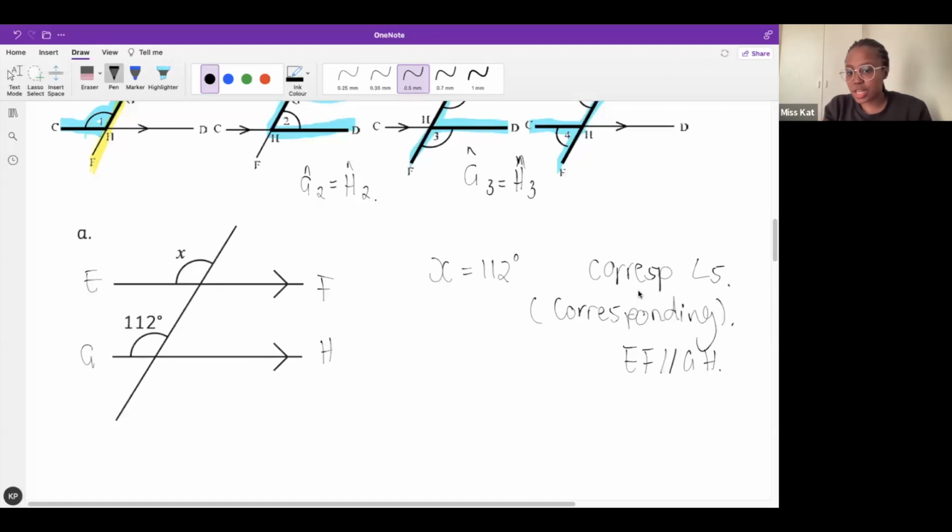Wonderful. Now let's have a check-in. Thumbs up, thumbs down in the chat or reactions. Do we understand how alternate and corresponding angles work? If you don't, then put a thumbs down so we can help you. Okay, I see thumbs up. Thank you very much. Tepang, I see your thumbs down.